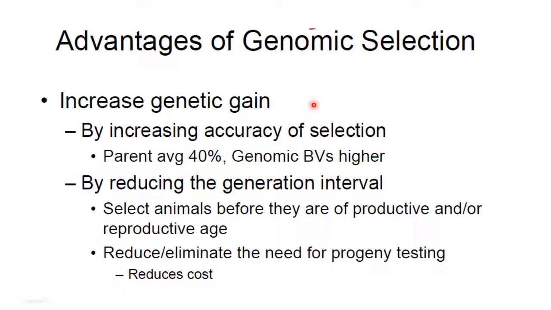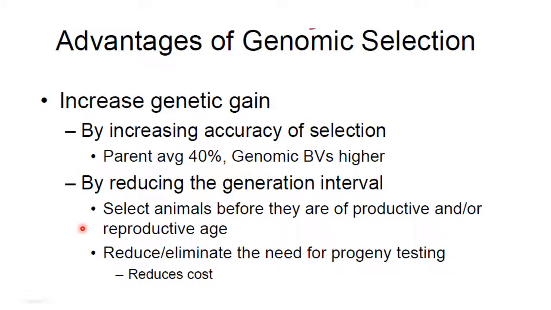So the ranking of your animals according to your breeding objectives will be more accurate, especially for younger animals, since you don't have to simply rely on a parent average anymore, as the genomic information will enhance your prediction accuracy, as the Mendelian sampling will be better predicted in this process.